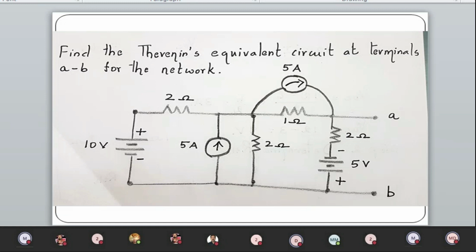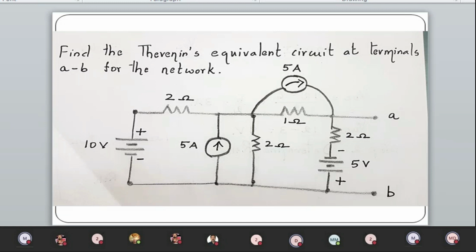By implementing Thevenin's theorem, a complex network is converted to a simple network with an open circuit voltage connected in series with an equivalent resistance. The open circuit voltage is known as Thevenin's voltage, and the series resistance is known as looking back resistance or Thevenin's resistance. Okay.